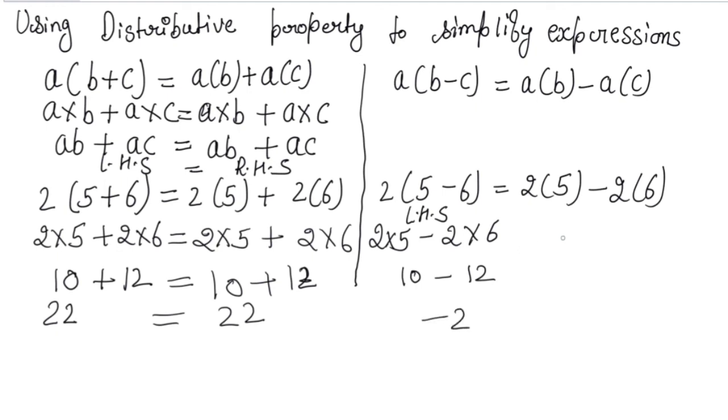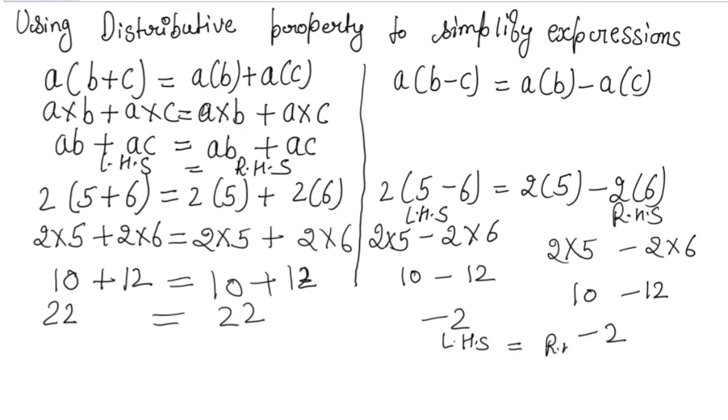Same here, 2 times 5 minus 2 times 6. 2 times 5 is 10, 12. So it will give us minus 2. So what we can see here, left hand side is equal to right hand side. So that's how we have used our distributive property to solve this expression.